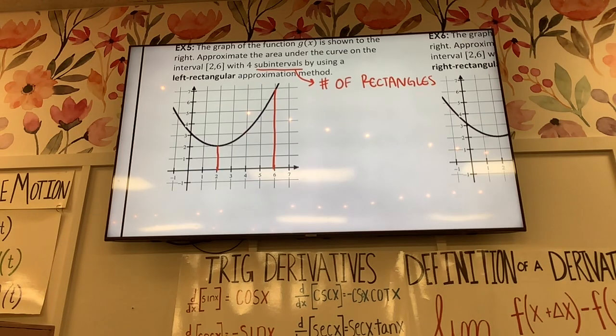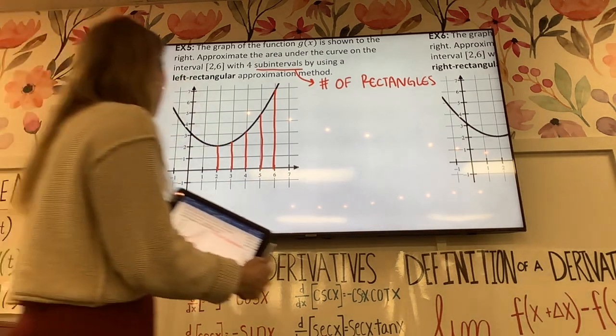So we're going to have four rectangles, which kind of makes sense because you're going to have them kind of like this. All right, so 1, 2, 3, 4.